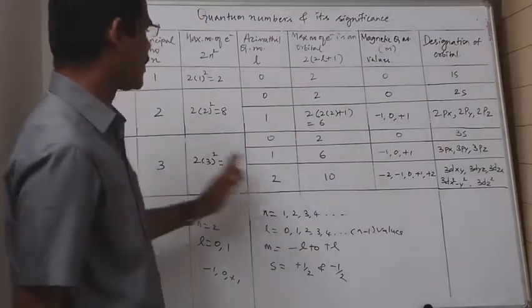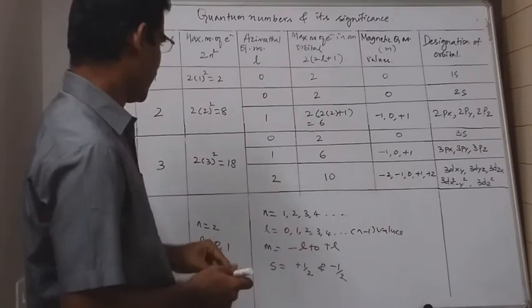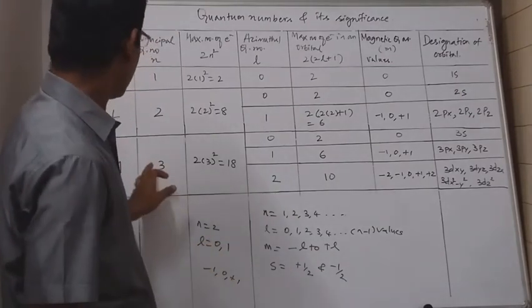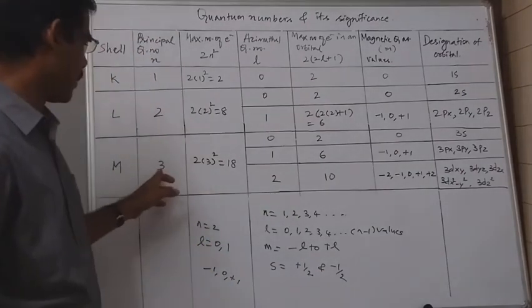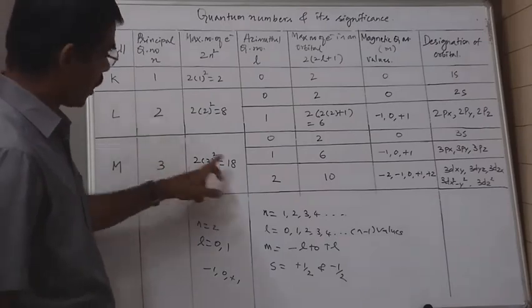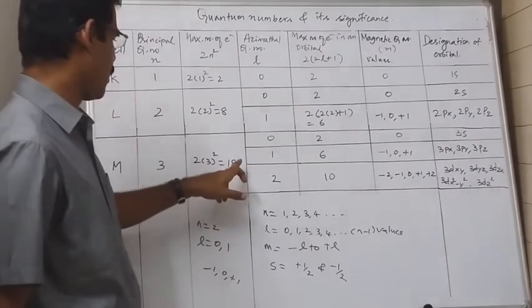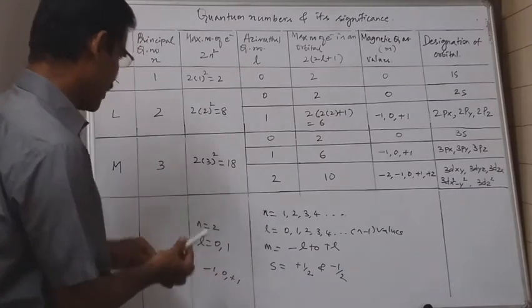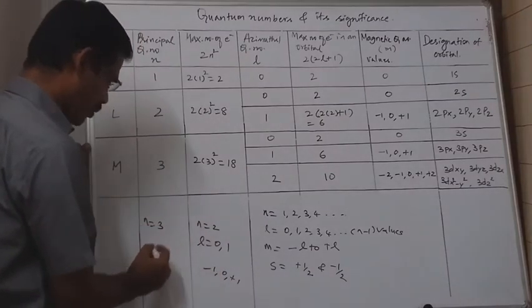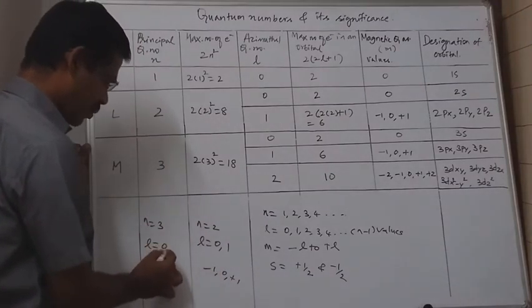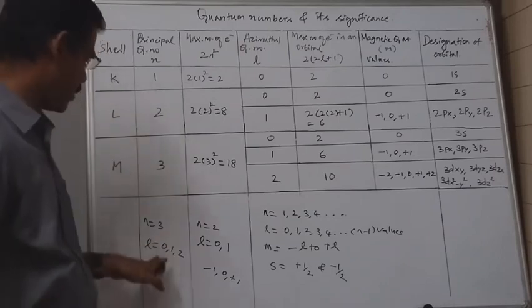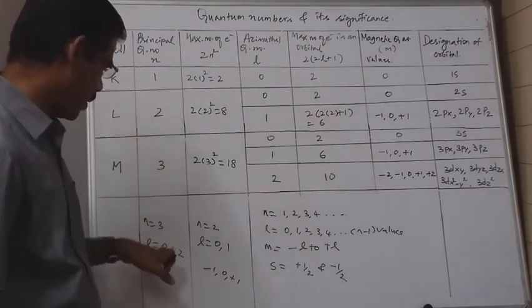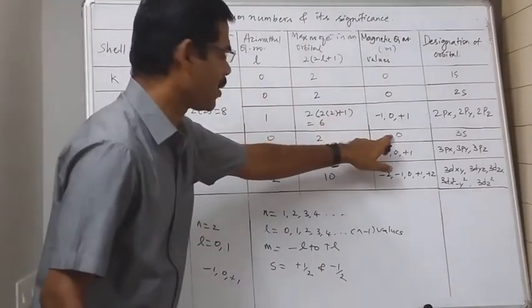Similarly, for the M shell we can describe. The only additional information is that the principal quantum number value is equal to 3, so 18 electrons will be present. For n equal to 3, the L values will be 0, 1 and 2. So there will be 3 values possible for L. If L is equal to 0, you will get m equal to 0.